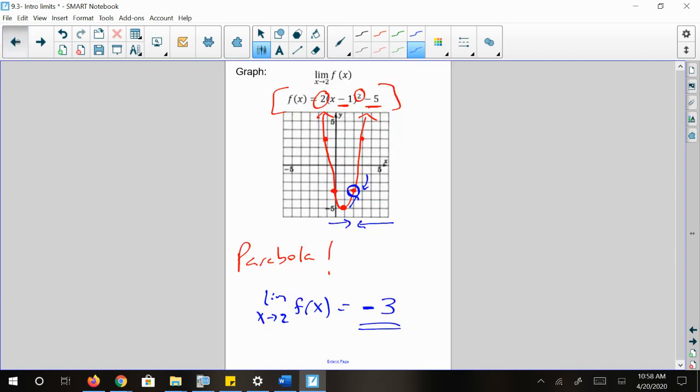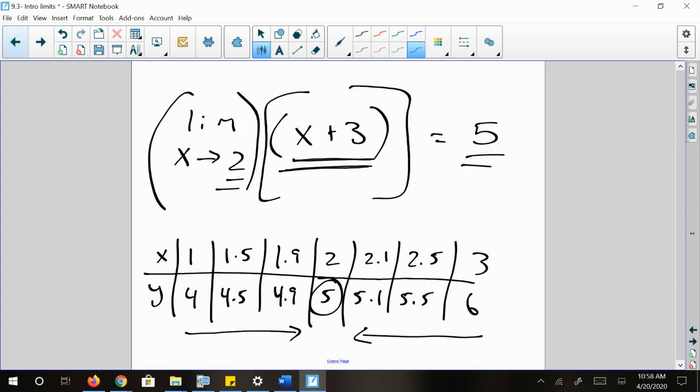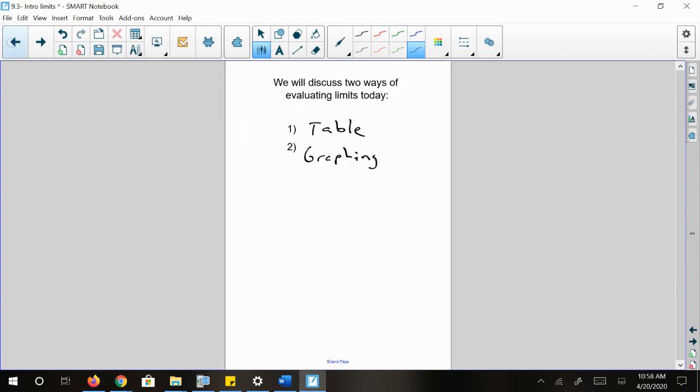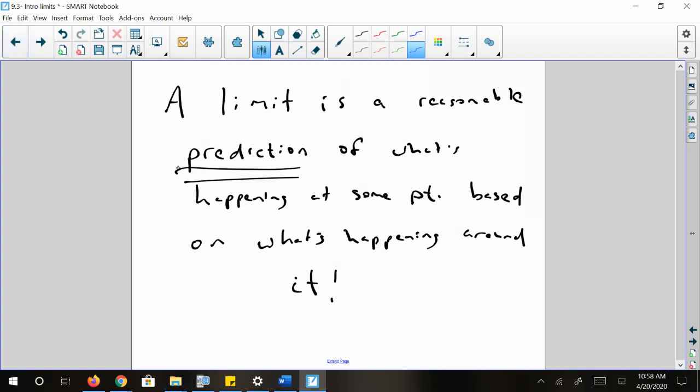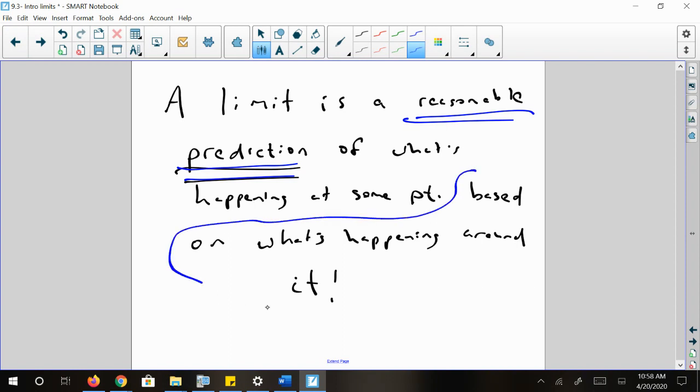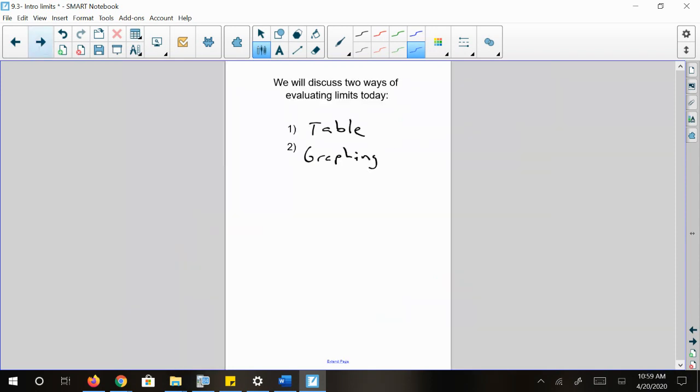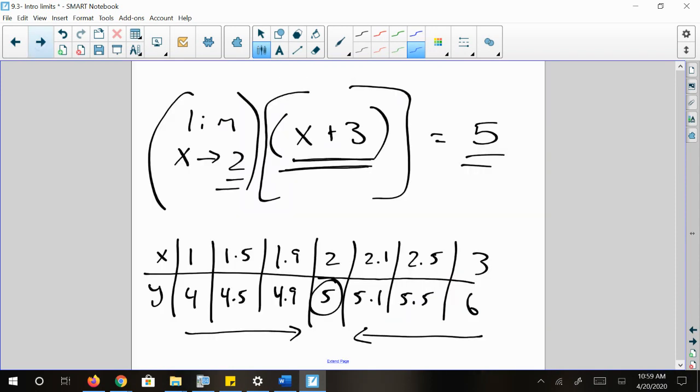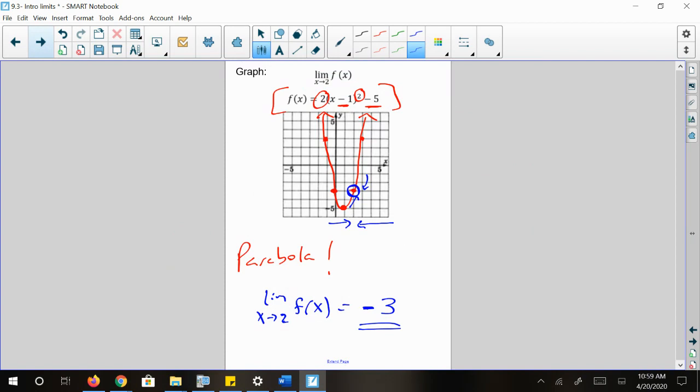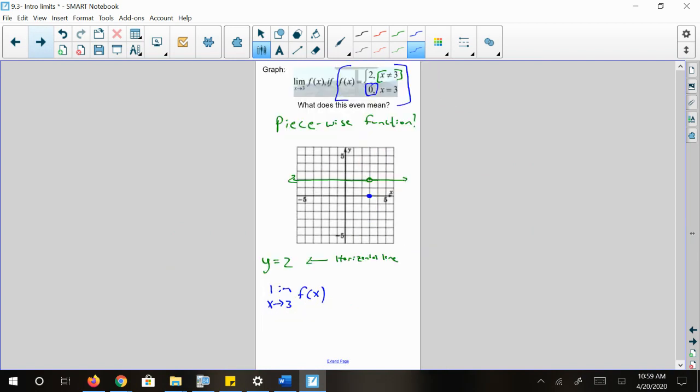Well, let's go back to our definition that we came up with for a limit, okay? A limit is a reasonable prediction of what's happening at some point based on what's happening around the point. Okay, so what I need us to look at here is not what's happening at the point, but what's happening around the point.